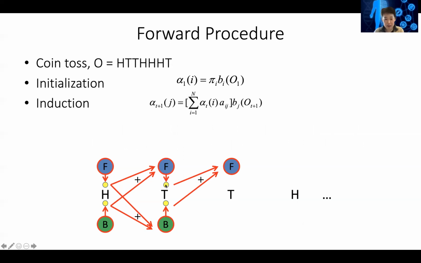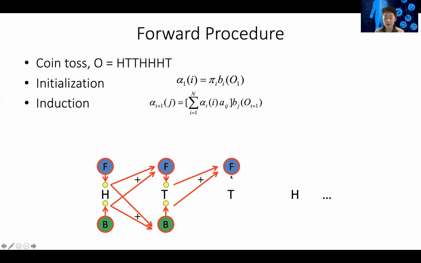But then we have to transition from this fair coin to the fair coin, so that's multiplied by the transition probability. Alternatively, the previous coin could be a bias coin. And then we'll inherit this number, which calculates the probability of using a bias coin to get all the coin flips before, multiplied by the transition probability from a bias coin to a fair coin. And we add up these two numbers together.